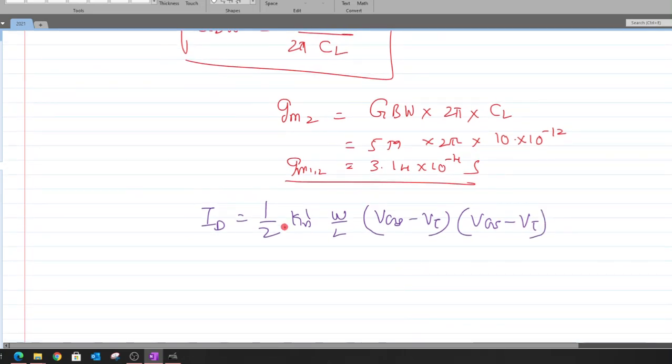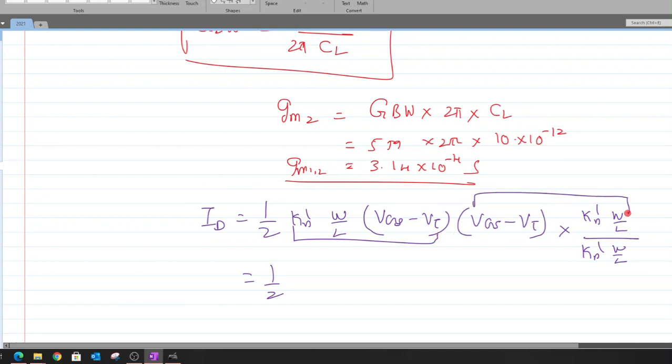Now we know that the product of Kn dash W by L and VGS minus VT is nothing but equal to our GM. So to this I further multiply and divide with Kn dash W by L. The ratio doesn't make any change to our expression. When I do so, the product of this and the product of this turns out to be the expression for GM.